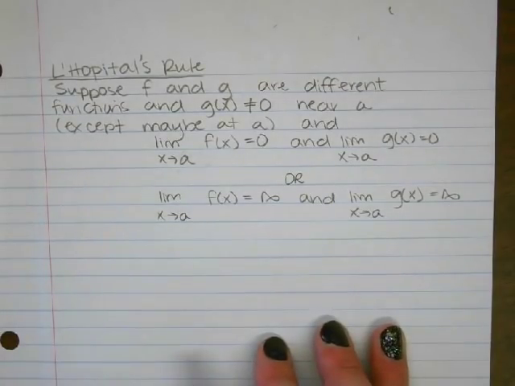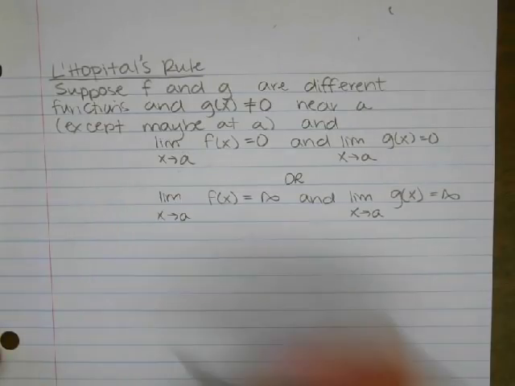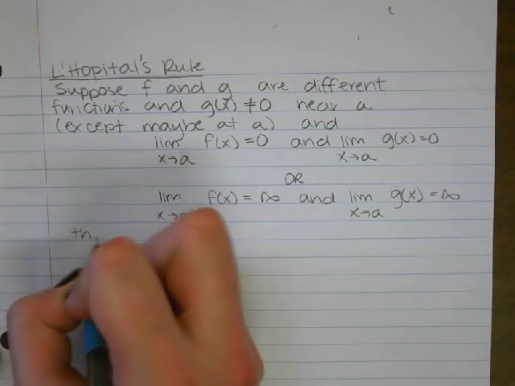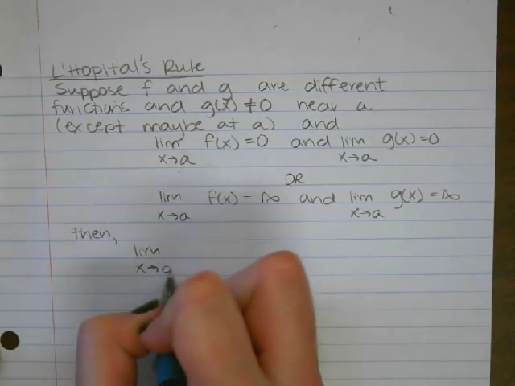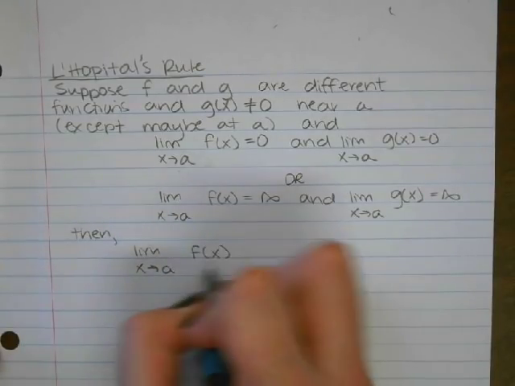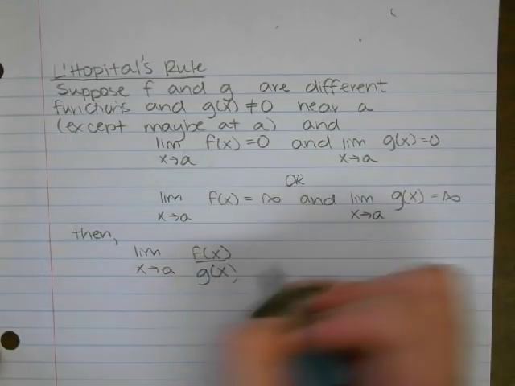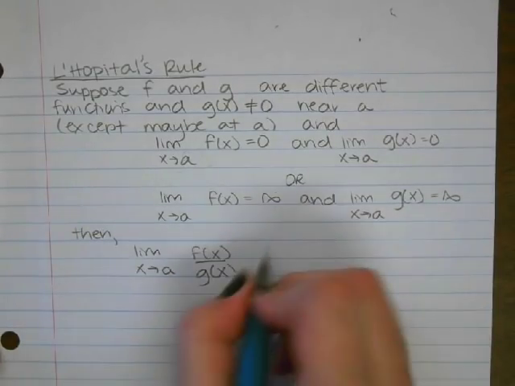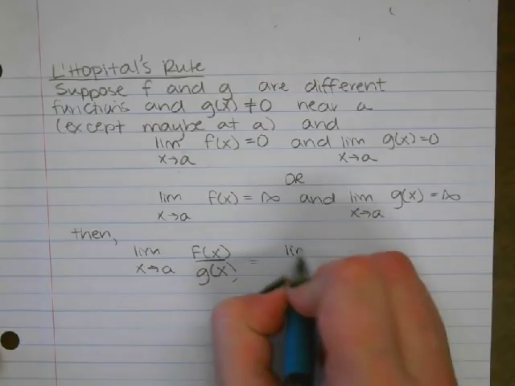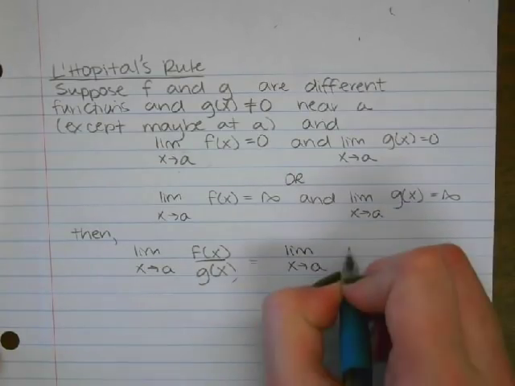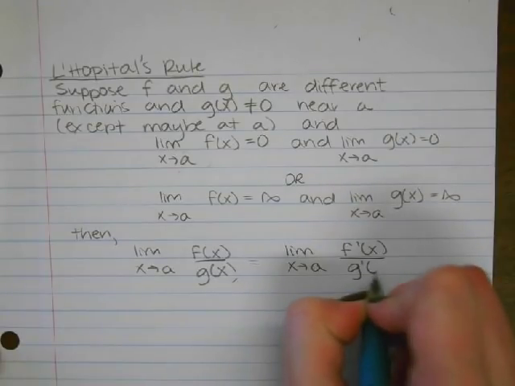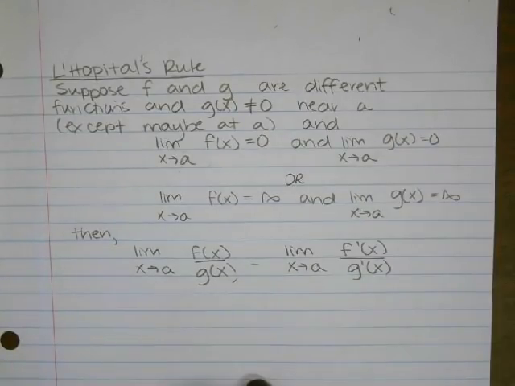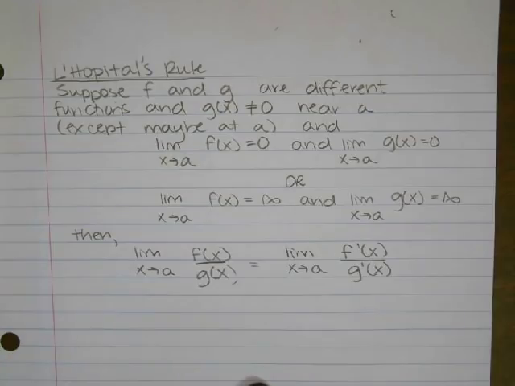In that case, if these two things happen, then our conclusion is that the limit as x approaches a of f of x divided by g of x equals the limit as x approaches a of f prime of x divided by g prime of x. So that was a very mathematical definition.